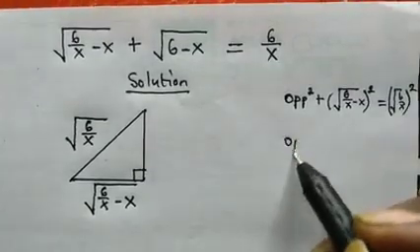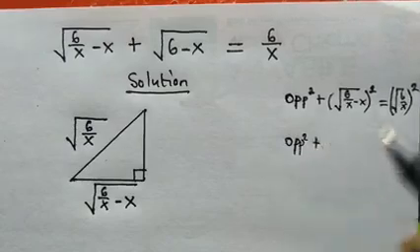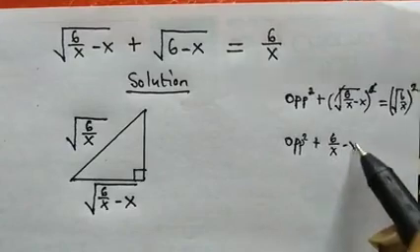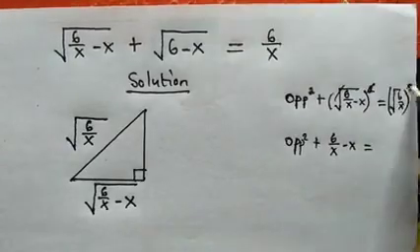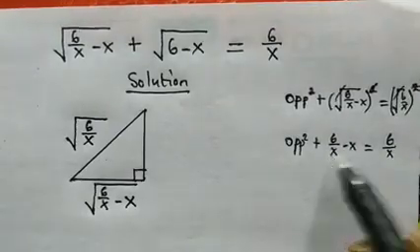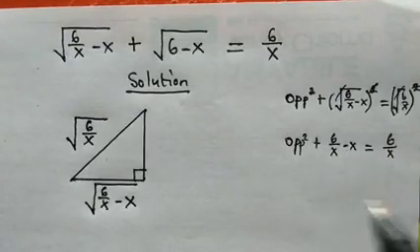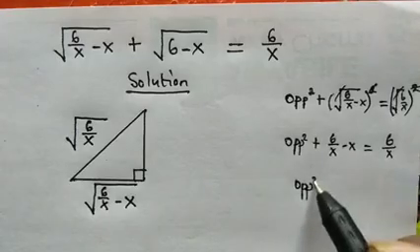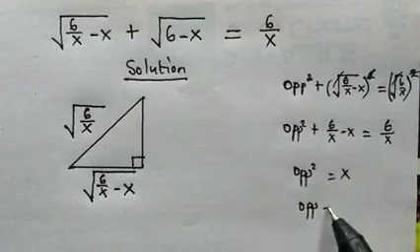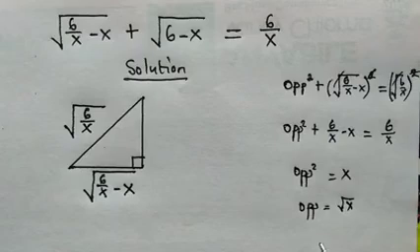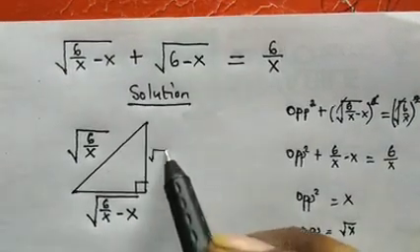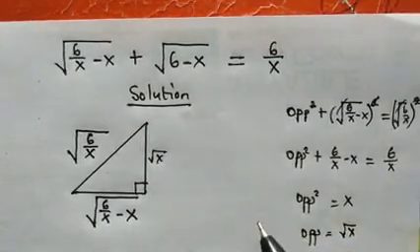Then we get here the opposite side squared plus, we cancel the square root, 6 all over x minus x. This will be equal to, we cancel the square root, just 6 all over x. Subtract 6 over x from both sides and add x, you will get the opposite squared is equal to x. Take the square root of both sides, we get the opposite side is equal to just the square root of x. Then the length of this part here is the square root of x.